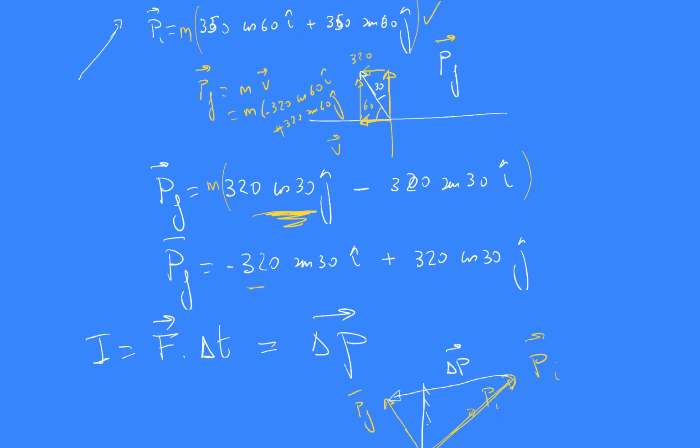How much? This one is 320 sine of 30, the opposite side of 30, but going in the negative direction of i. So I have done the same vector in different ways, but it's the same vector. It's exactly the same calculation. So this is the momentum PF.